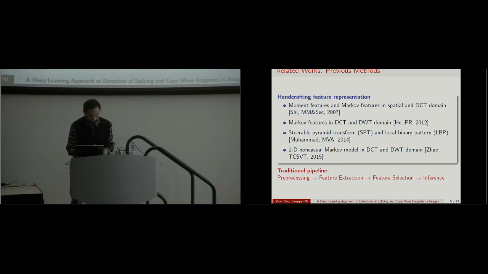So we began to think about how we can improve this by some efficient feature learning technique, because the process of handcrafted feature representation is always time-consuming and very complex.